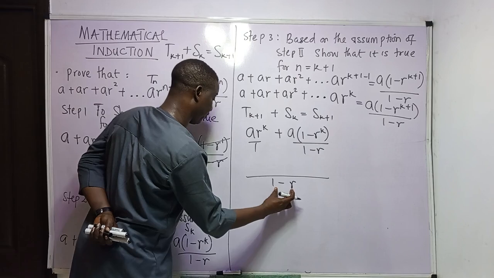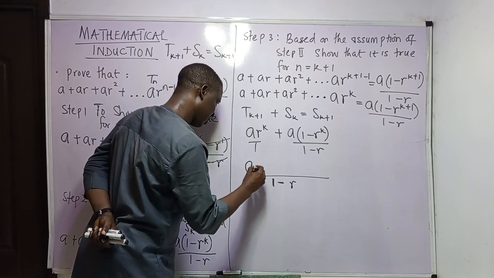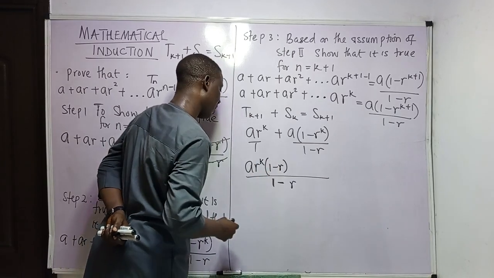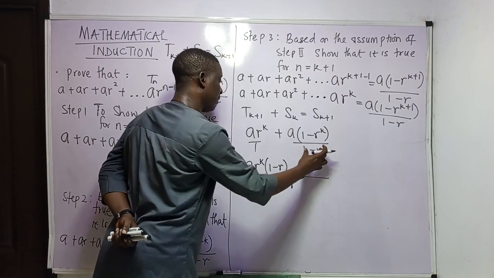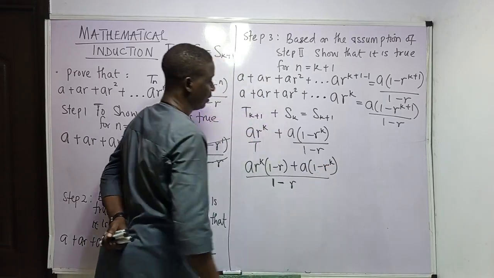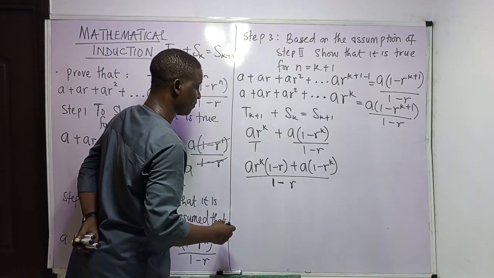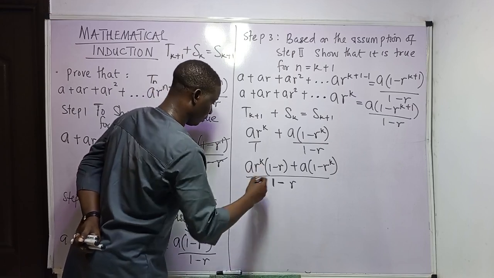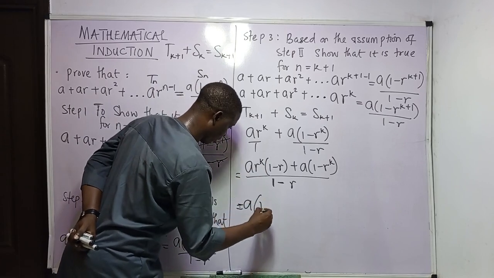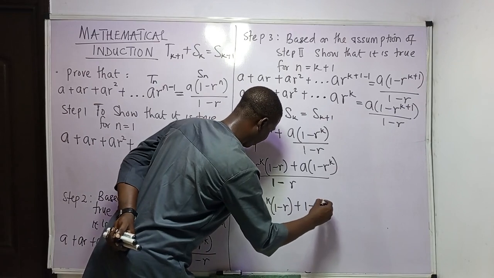This divided by this gives 1 minus r, and r^k times this gives ar^k into bracket 1 minus r, plus a into bracket 1 minus r^k. What is common? Let's say a is common, so we bring a out. What is remaining is r^k into bracket 1 minus r plus 1 minus r^k.